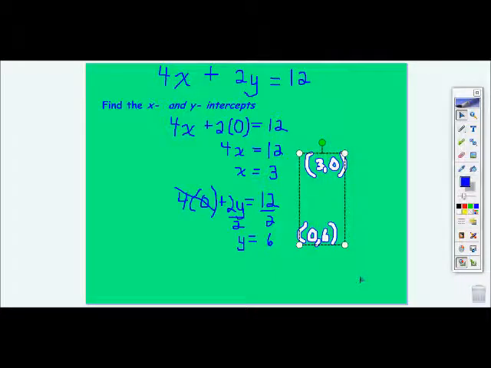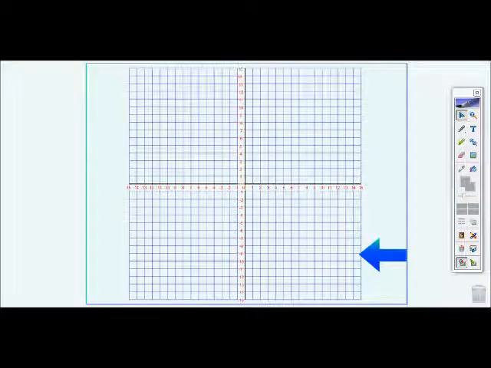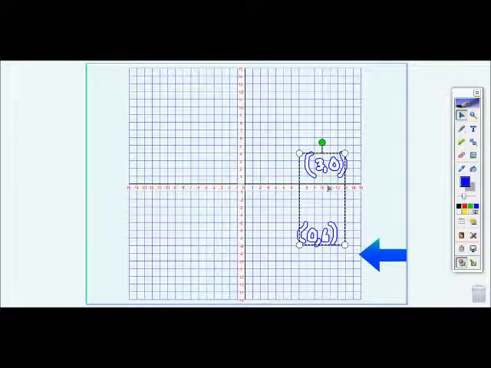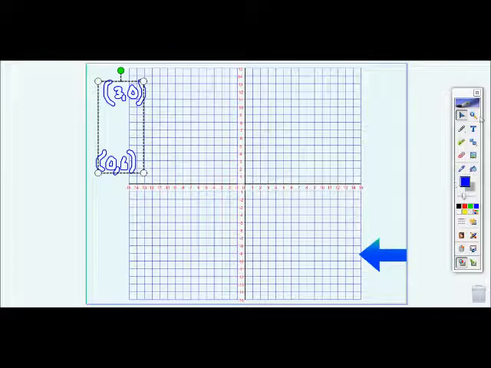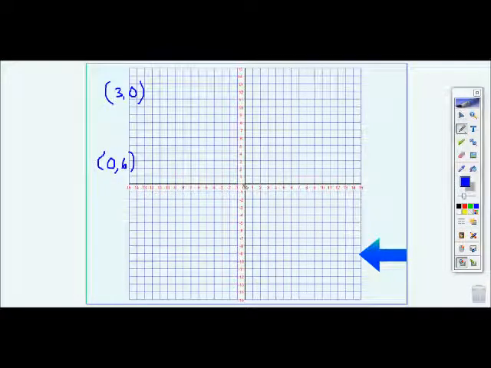Let's copy those, because on the next page we're going to give ourselves our grid. Okay, so our points are (3, 0) and (0, 6). Let's go to (3, 0). That's on the x-axis, the x-intercept.